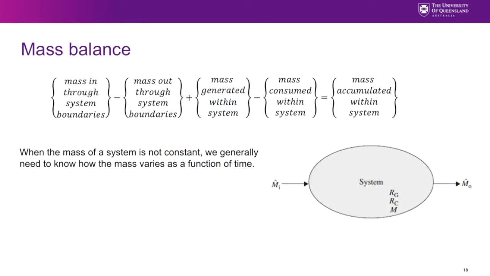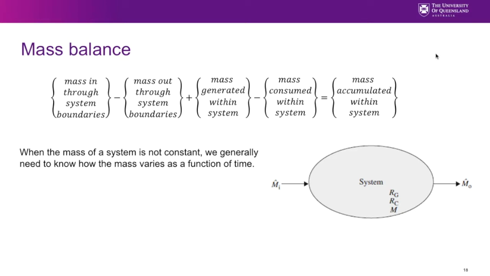So first we're going to start with the mass balance. This is a general equation, and most of the time we simplify these equations by saying that we are at steady state conditions, which means that we don't have mass accumulated within the system, and that will take off the differential component, right?